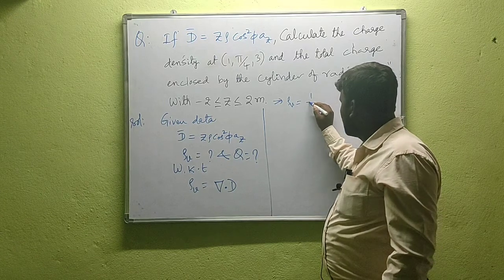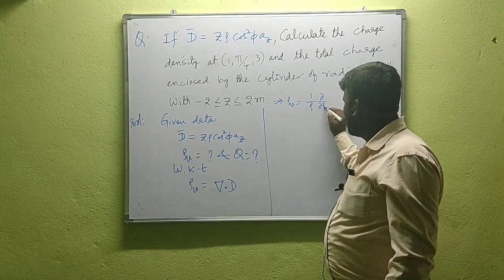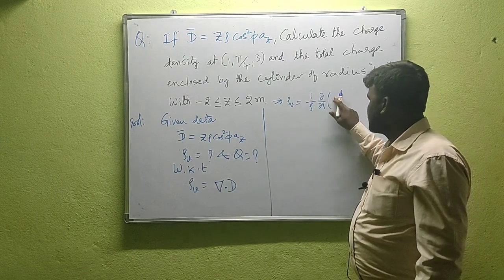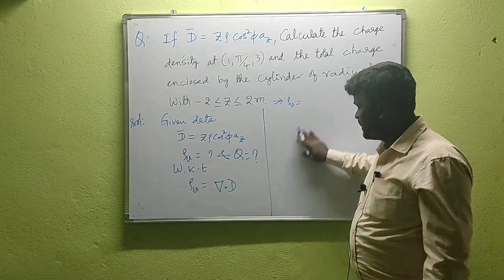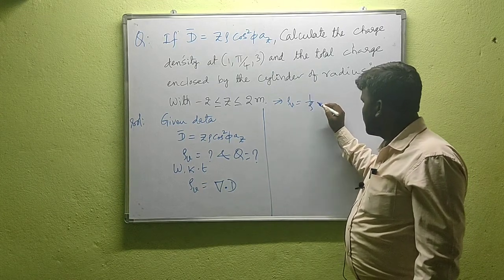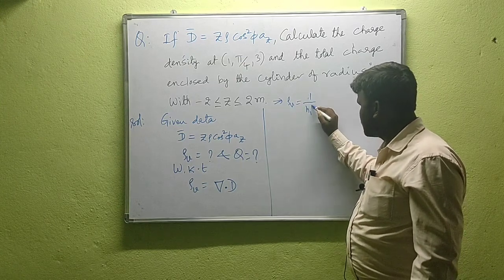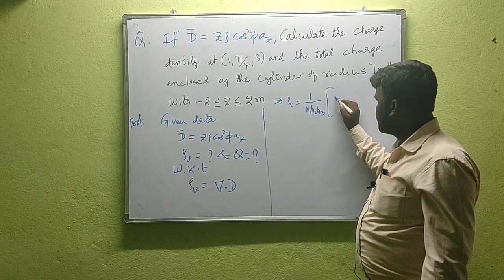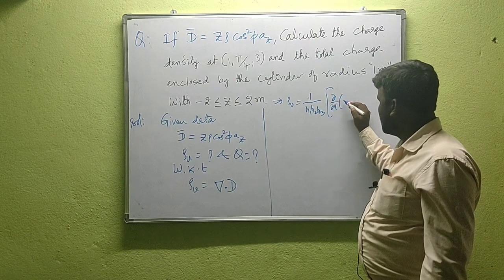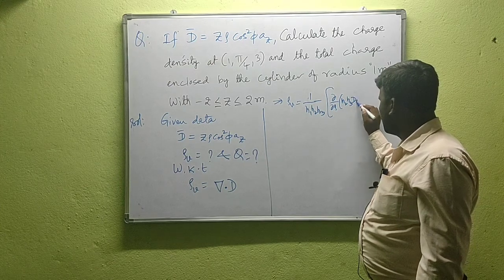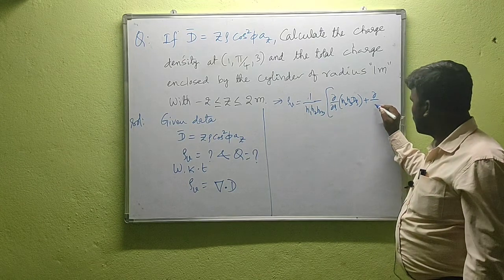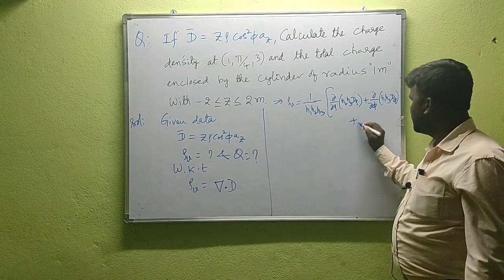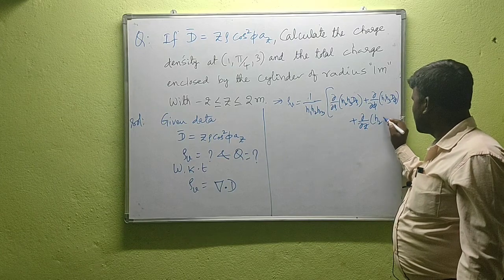Del dot D formula is 1 by H1 H2 H3 times: dou by dou rho of H2 H3 D rho, plus dou by dou phi of H1 H3 D phi, as it is the second element, and the last element, that is dou by dou z of H1 H2 Dz.